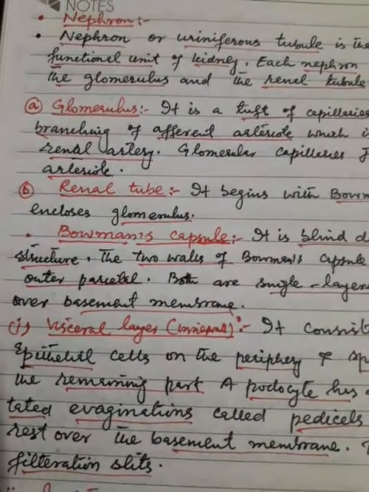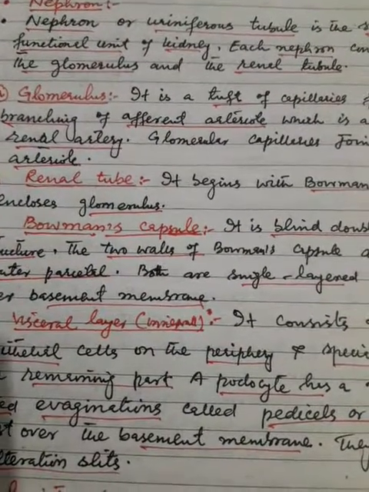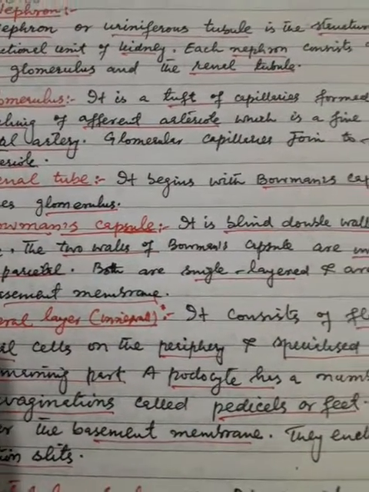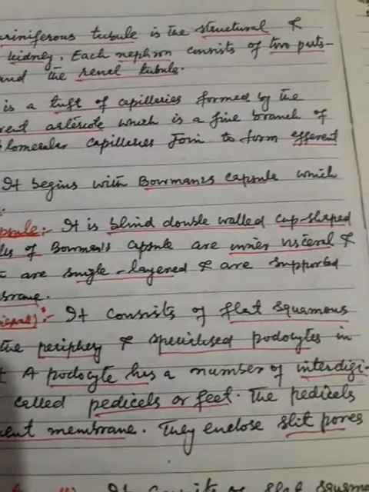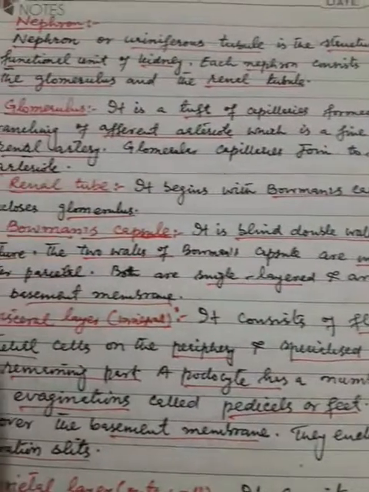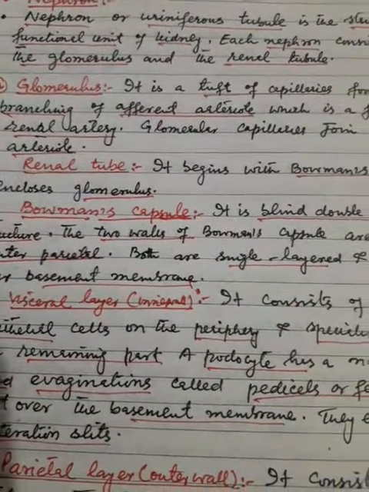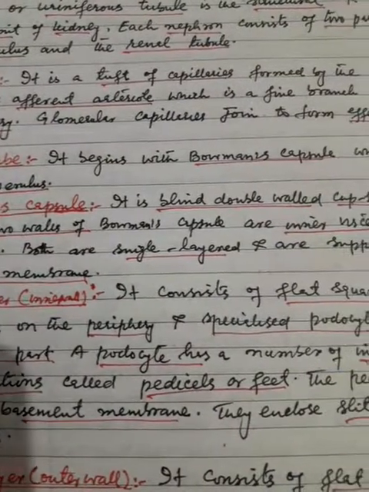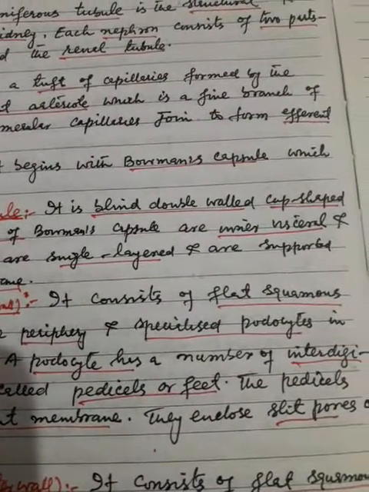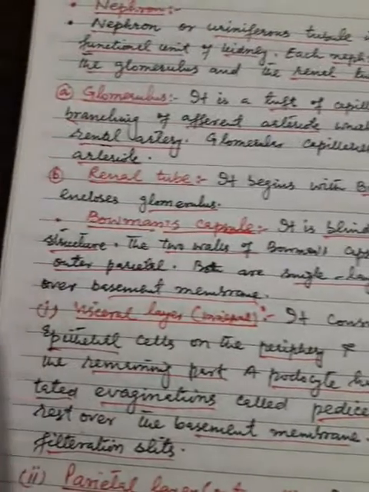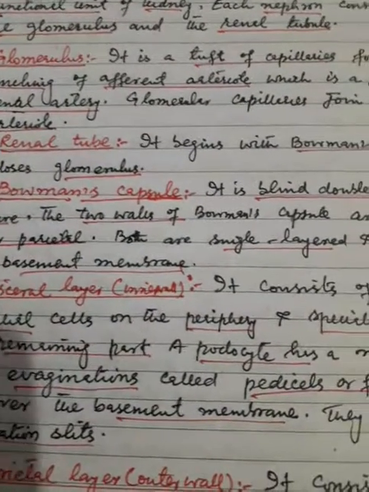First, the visceral layer or the inner part. It consists of flat squamous epithelial cells on the periphery and specialized podocytes in the remaining part.